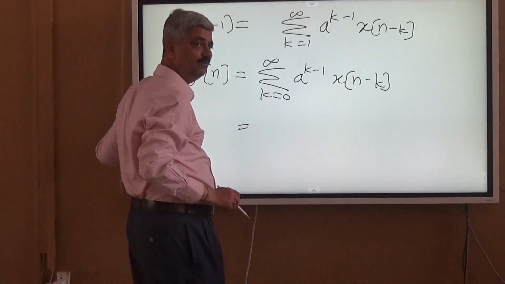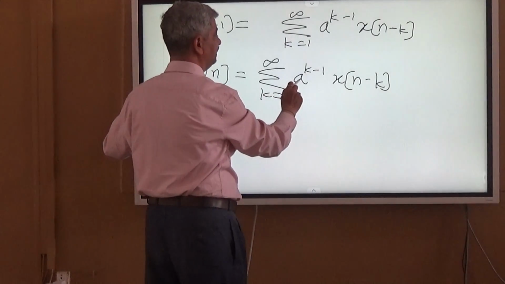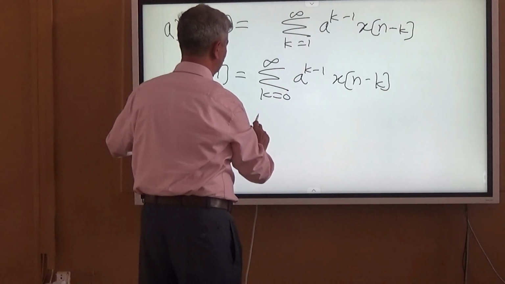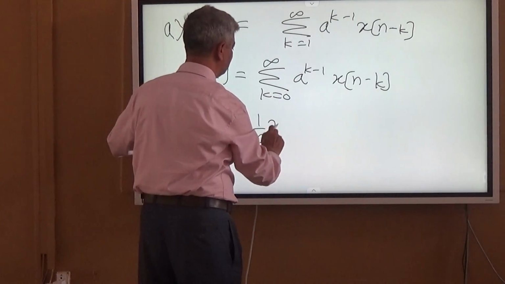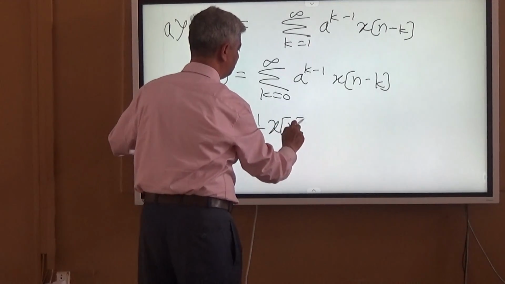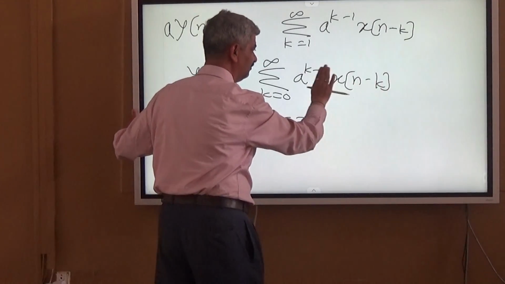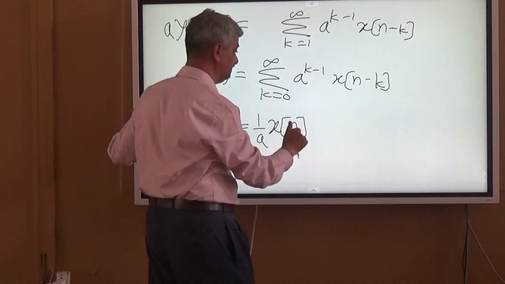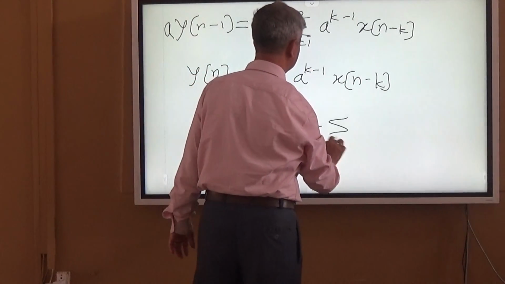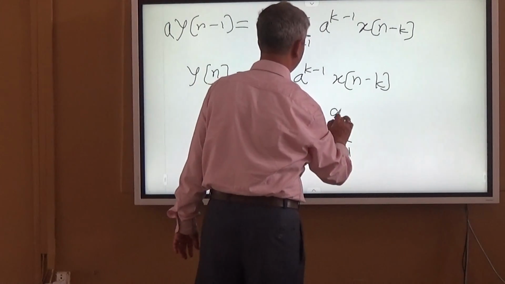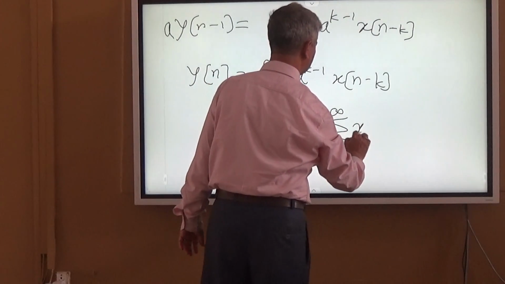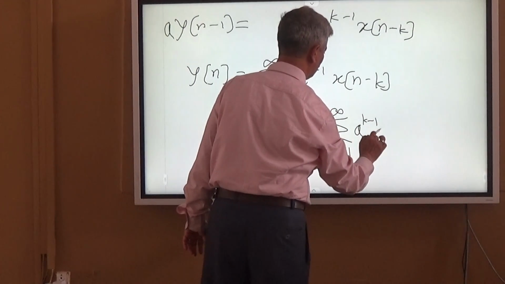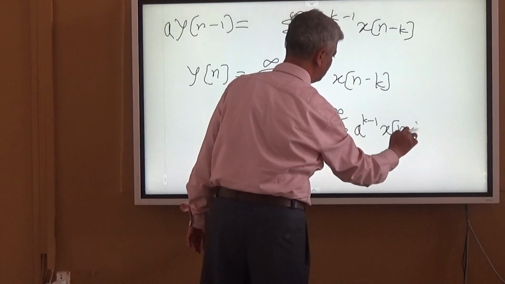For k equal to 0, it is 1 by a raised to minus 1, that is 1 by a x of n, plus summation k equal to 1 to infinity a raised to k minus 1 x of n minus k.